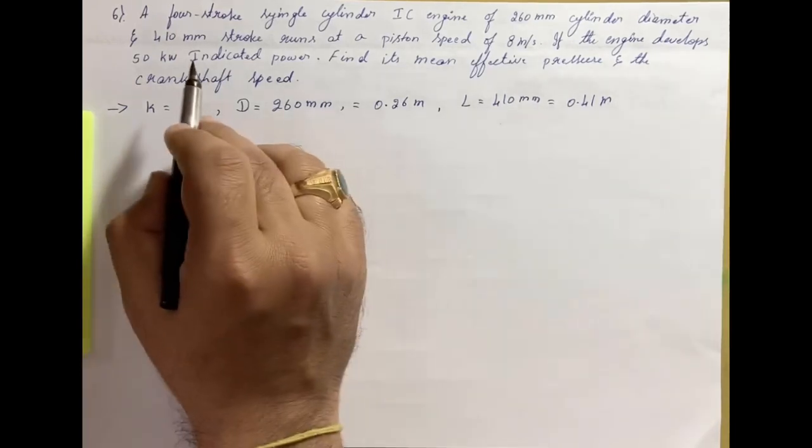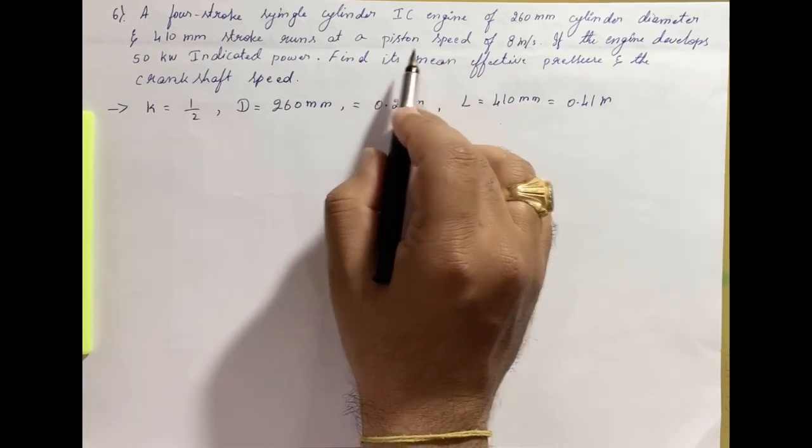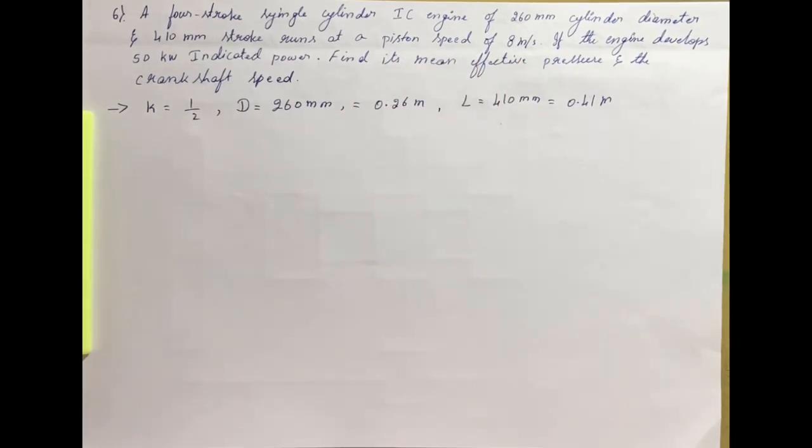The engine runs at a piston speed of 8 meter per second. Now what is piston speed? As in the previous problem we have studied, piston speed is the speed at which the piston moves from top dead center to bottom dead center, or from bottom dead center to top dead center. But speed is given in terms of RPM, revolutions per minute.